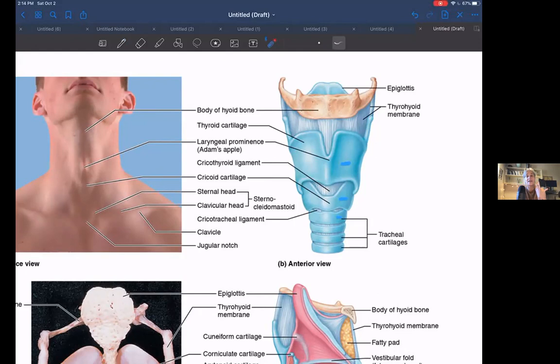It helps in the movement of the tongue, but it also helps in swallowing. So that is your hyoid bone that sits up there in your neck. It is actually not directly articulated with any of the other bones. It connects via ligaments, but there's no direct joint.